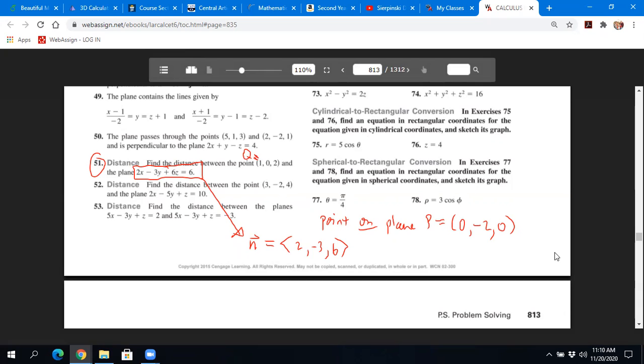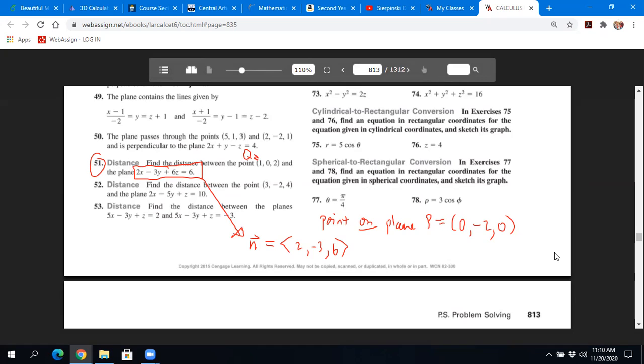Now remember, the way that we found distance from a point Q to a plane was by projection, right? What we did is we took a point in the plane, we drew a vector from that point to the point off the plane, and we projected onto the normal vector. Remember?